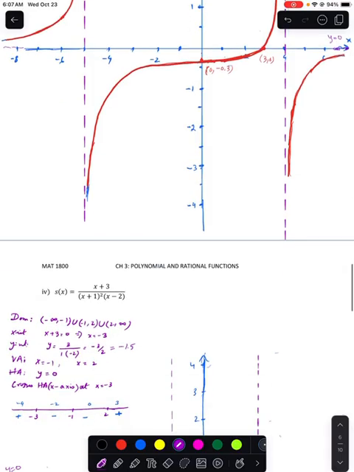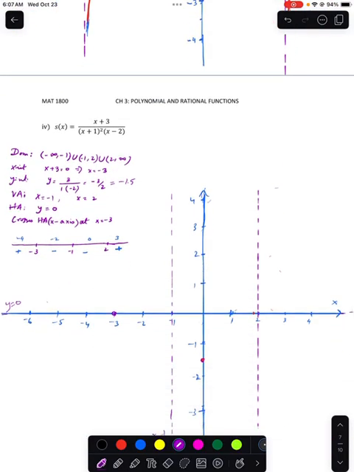Let us look at the next example quickly. So I have all the information here. I have sketched the axes, and let's start graphing. Okay, this time I'm going to come from the left. Let's see what happens.